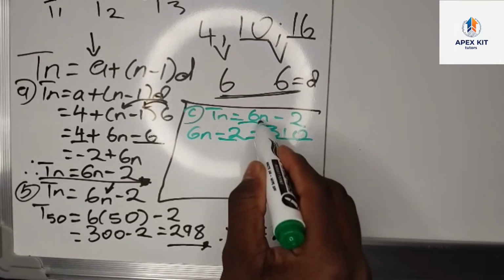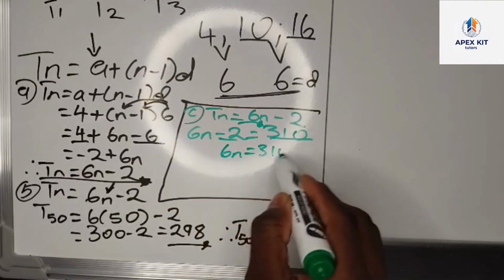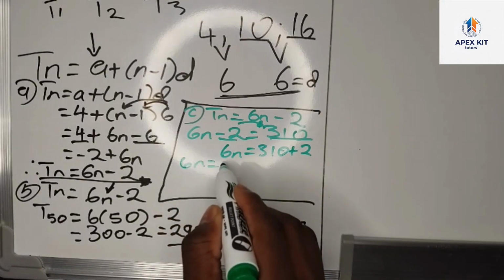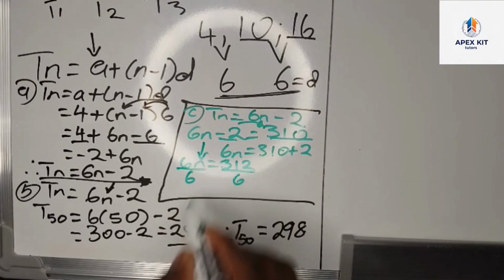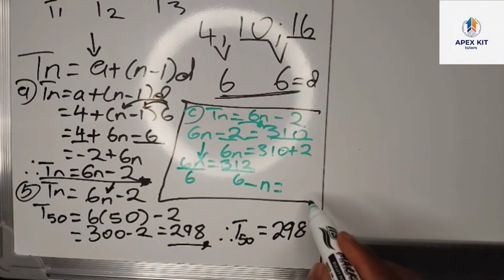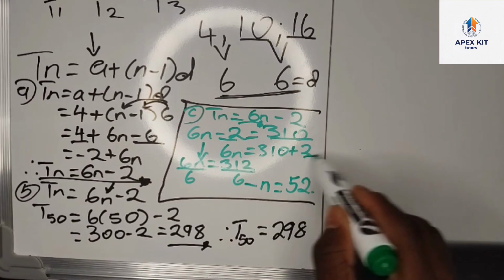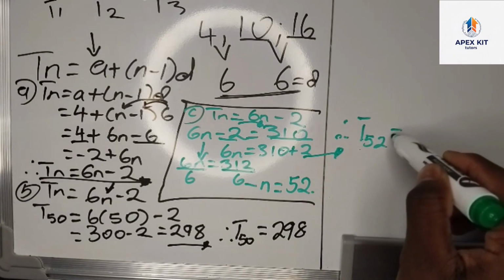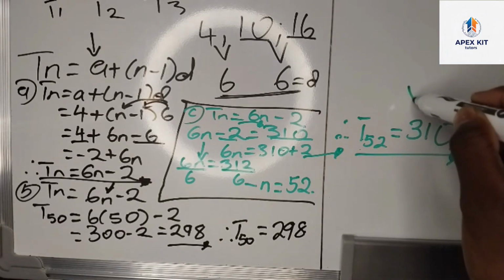We can transpose this 2 to the other side, and it's going to be positive. So 6n equals 310 plus 2, which is 312. We divide by 6 because we are looking for n. What is the value of n? Look for it on your side, but on my side it gives me 52. Therefore, T52 is equal to 310.